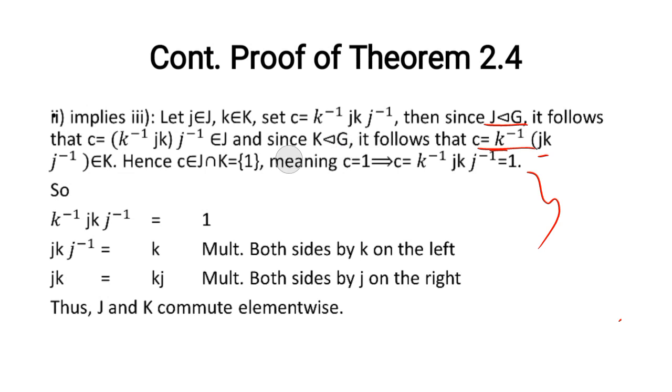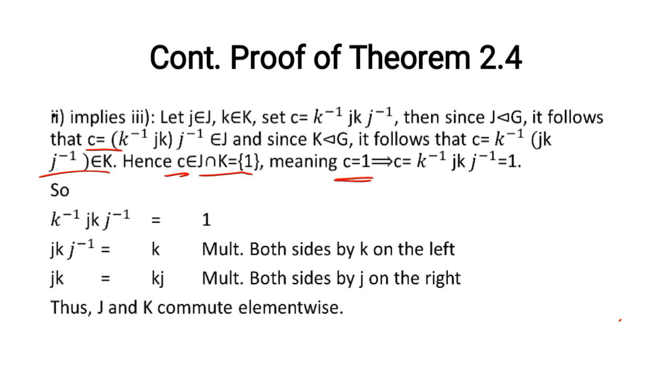But we know that J intersection K is a singleton set with 1 in it, okay? Because this thing C in J and at the same time in K means that it lies in its intersection, right? Okay, so now we know that C lies in J intersection K, and J intersection K is just the identity 1. It means that C must be equal to 1, right?